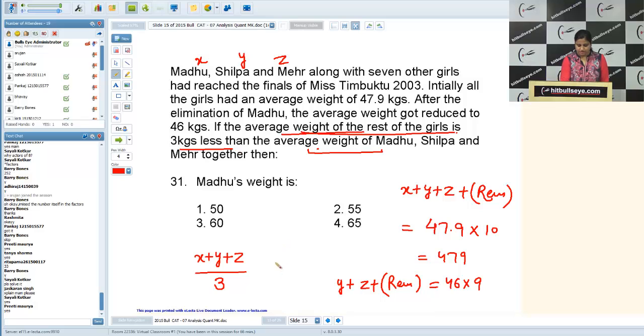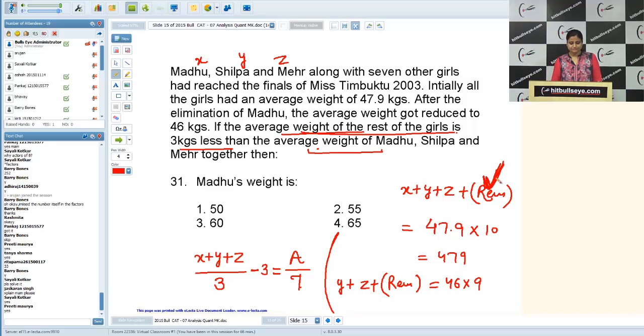So, the remaining girls' average, say that is A by 7, is given. By using this, you can find A in terms of x, y, z, and you can put the value here.